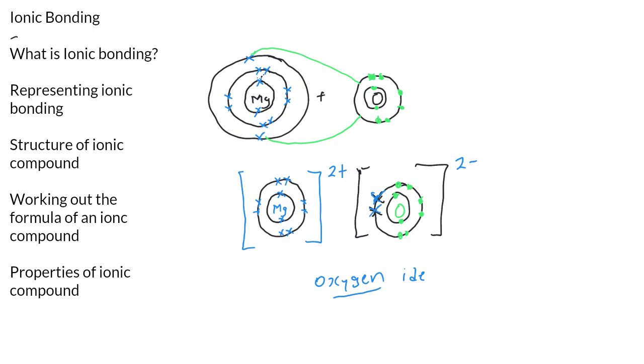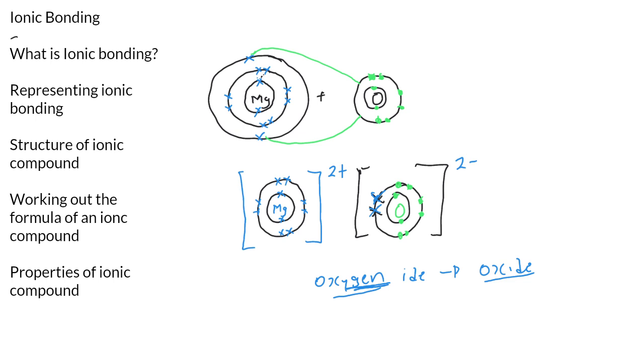That is the ending name, which is this ide ending here. The ending name will change. So we're not going to call it oxygen any longer. We're going to call it oxide. So whenever you hear oxide, it is to tell you that this element, oxygen, has gained electrons.